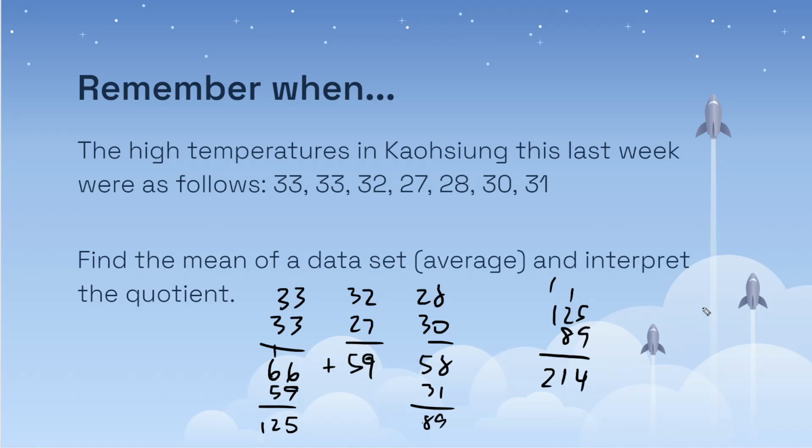Look at me doing math. 214. 1, 2, 3, 4, 5, 6, 7. 214 divided by 7. 3, 21. 4, 0. 40. What is that? 5. 35. 50. So let's just stop there. 30.57. Look at that. We use division. Division's awesome.